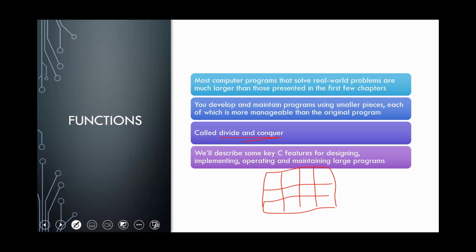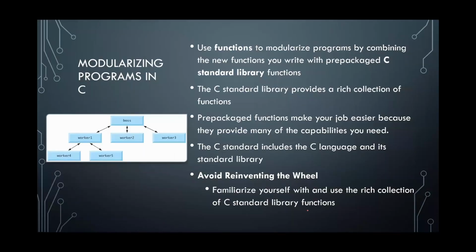So today we're going to describe some key C features for designing, implementing, operating, and maintaining large programs. In order to do what we call modularization, and that is making smaller modules to make that large program much easier to implement. So we're going to use what we call a function, and that's going to allow us to modularize the program by combining some of the functions that we write along with the standard library.